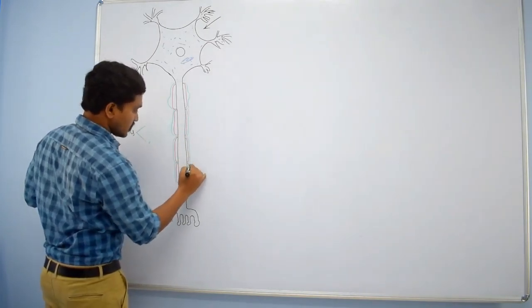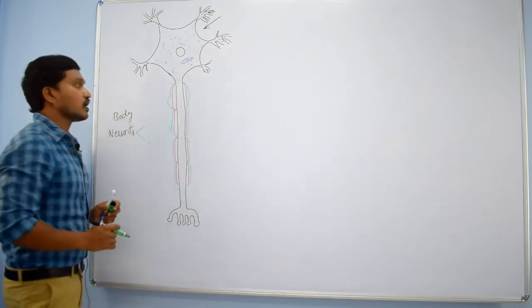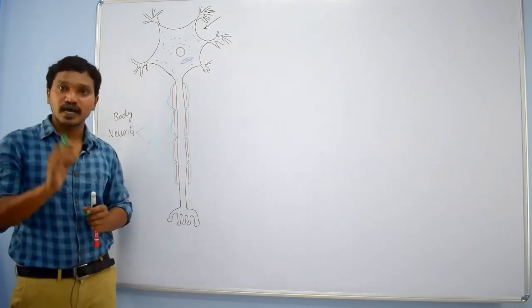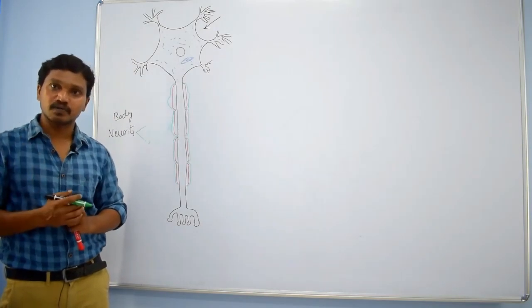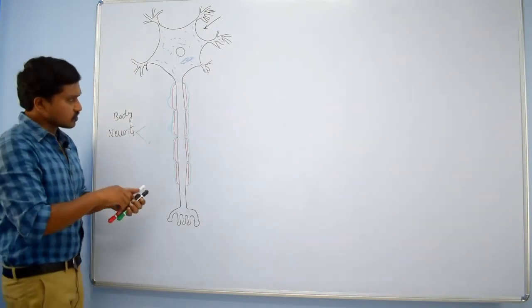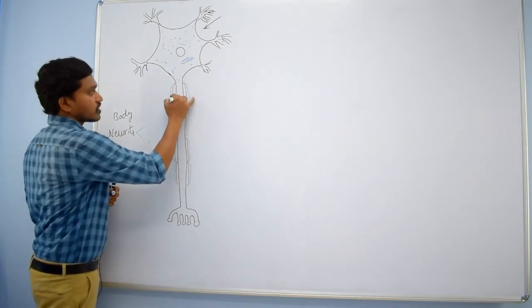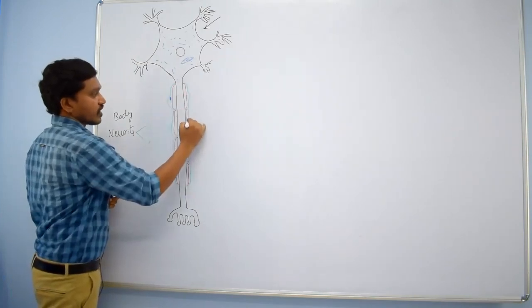Because of the presence of the neurilemmal sheath only, if there is any damage in the peripheral nervous system, they can regenerate. Of course, you can find the nucleus of the Schwann cells here.